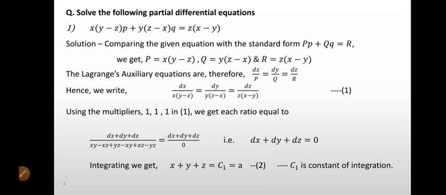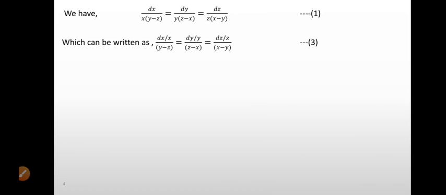Now we have to find one more solution. So let us consider the three ratios, that is the Lagrange's auxiliary equations, one more time. Now we can rearrange these three ratios like dx upon x upon (y minus z) equal to dy upon y upon (z minus x) equal to dz by z upon (x minus y). Now if you concentrate on these three denominators of result number 3, if we add these three denominators, we will get the answer as 0.